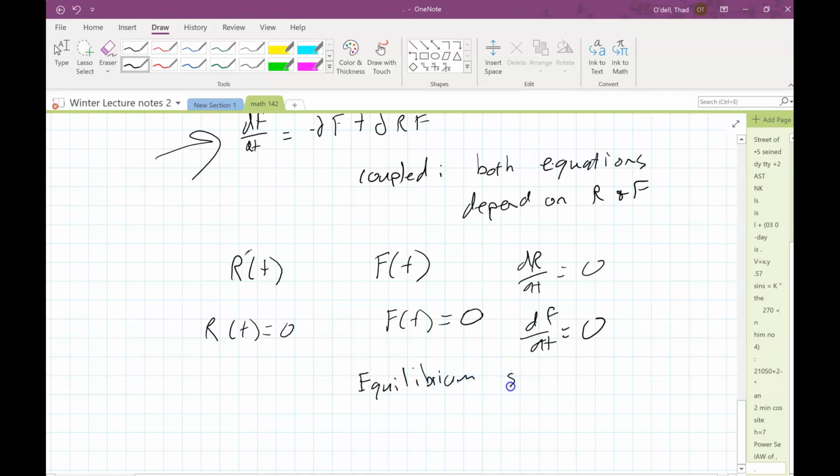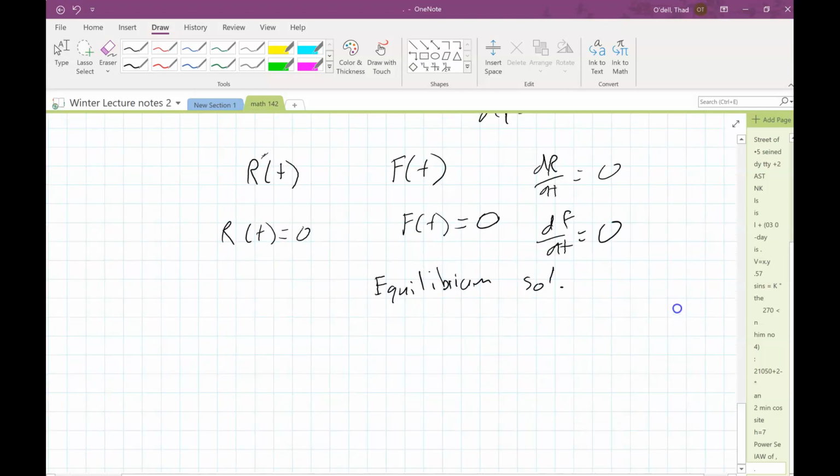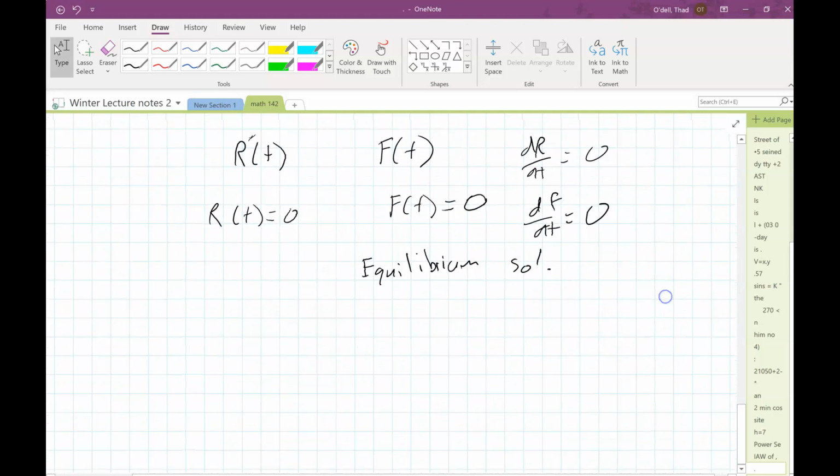Equilibrium. And you guys remember us doing those with just a single differential equation. We could also do this, and this one will make less sense, but of course these are not necessarily the right parameters.